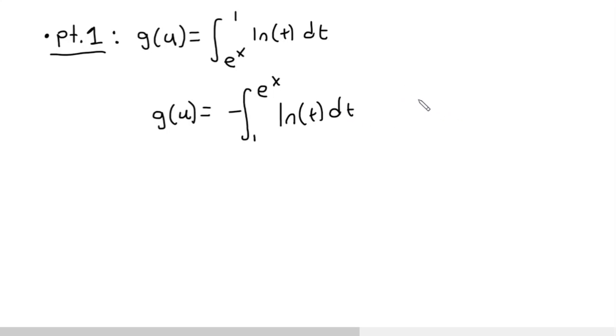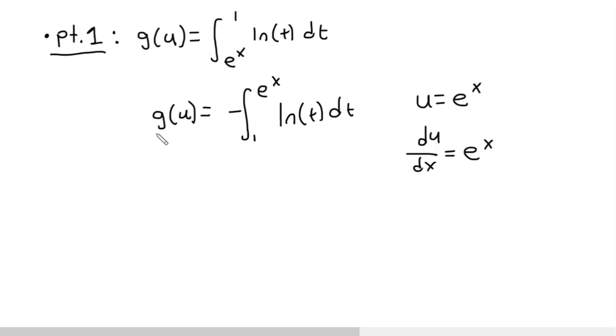And then what you do is say u is equal to that x upper limit, whatever involves x. If this was simply x squared, I'd say, let u equal x squared. And then we take the derivative of this. So du over dx equals e to the x.